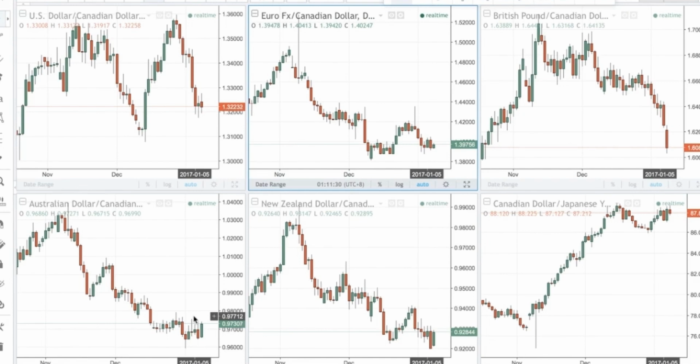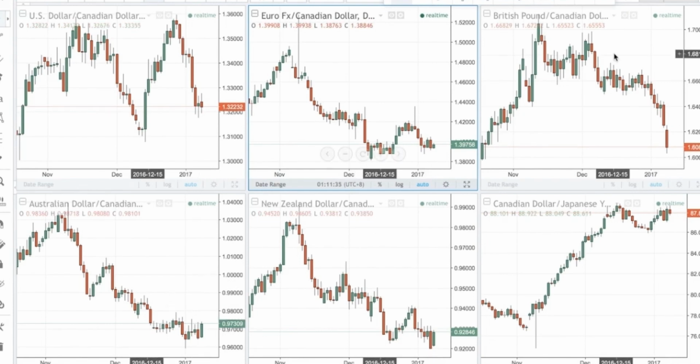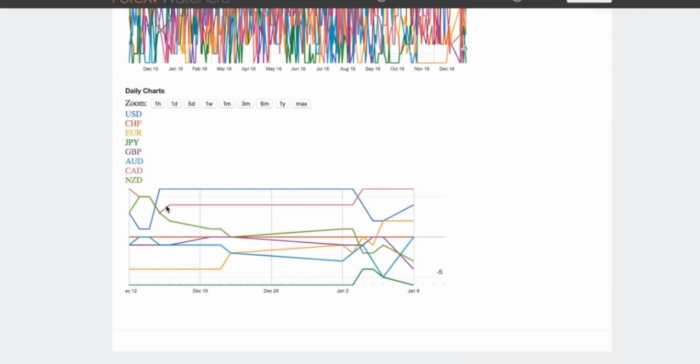Okay? So let's take a look at some of these examples here. Let's go back to the strength meter. On that day, what are the numbers? Let's get down to them. So we have CAD as +5 right up here. I'm going to put my mouse there again. CAD at +5. New Zealand, I'm going to write this on my end too. CAD 5.